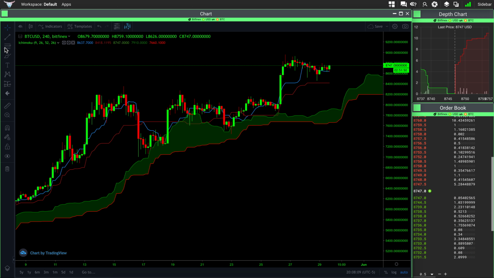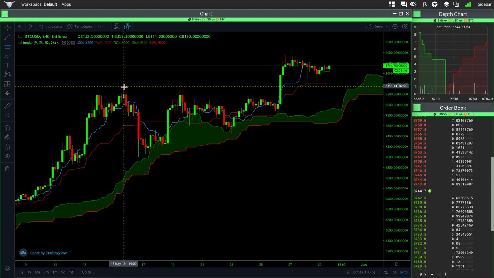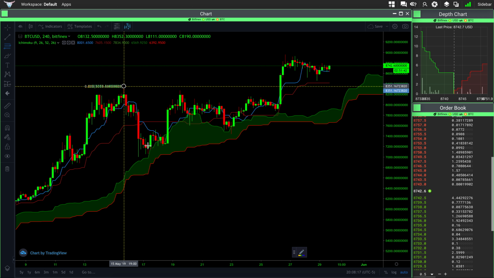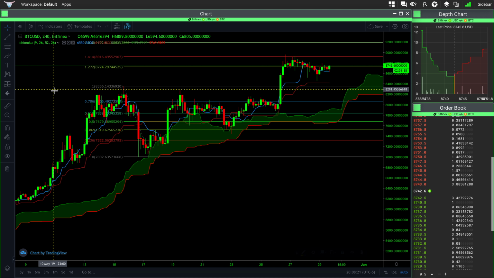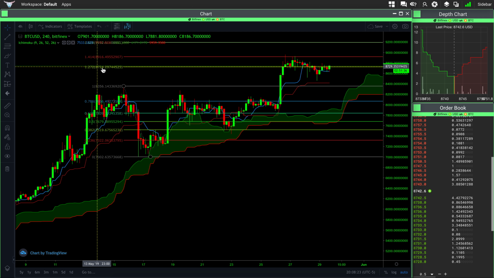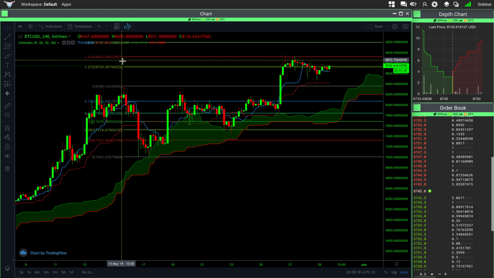I can clearly tell you why. If we come here off of Fibonacci of our last big major move, so we're going to swing from high to low. Okay, so now we have a 1.272 and a 1.414 Fibonacci level in this area. This is what our concern is at this point for the price action.